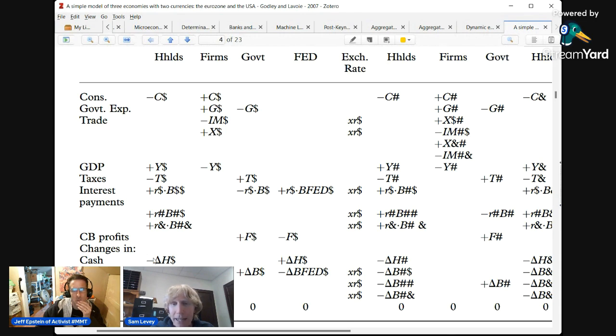Because if you spend money, it had to come from somewhere, so that might be a change in your cash balances. Or if you receive some income, you might choose to save it in the form of government bills, so that would be a change to your amount of bills.